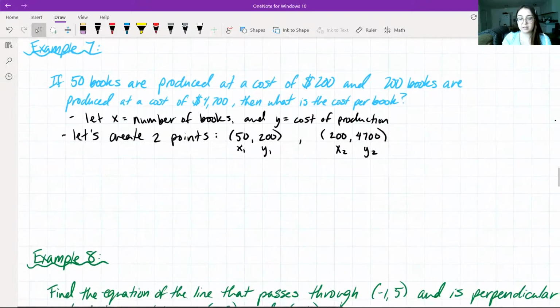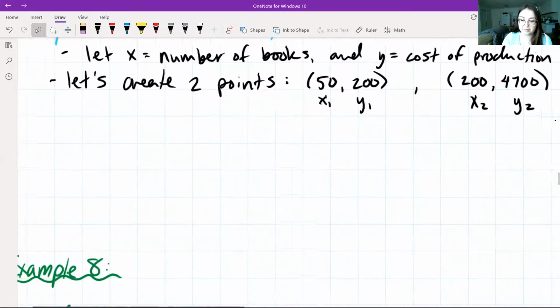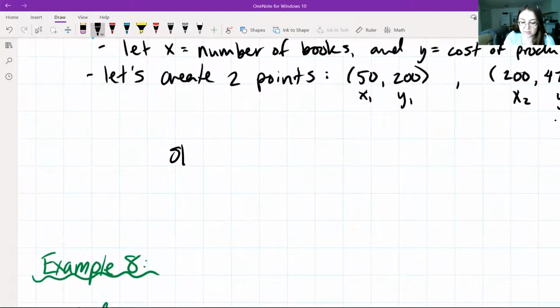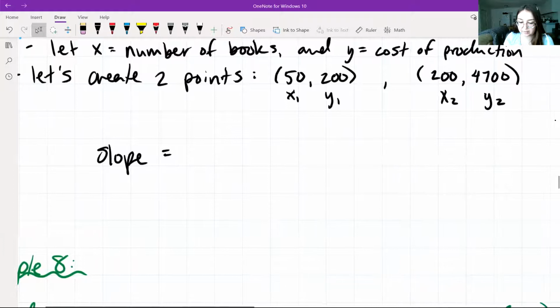We have now created an equation with 2 points, so we can kind of guess where this is going. If we have 2 points, well, let's find the slope. So the slope is going to be equal to our change in y divided by our change in x.